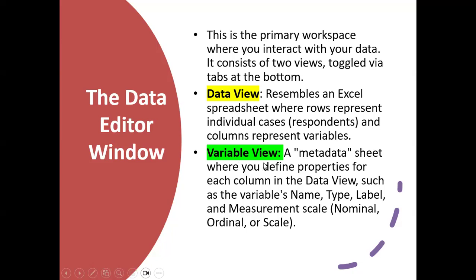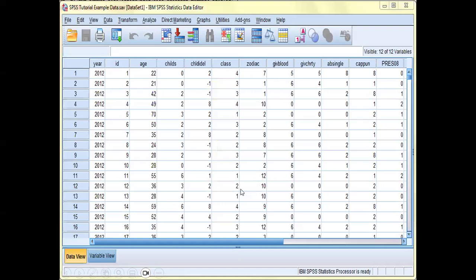Then the variable view is a metadata sheet where you define properties of each column in the data view, such as the name of the variable, the type, label, measurement, whether nominal, ordinal, and so on. So I think most of these things will be internalized when we start running the simulations.